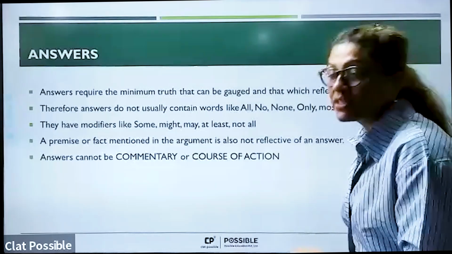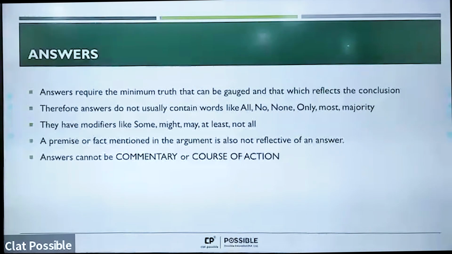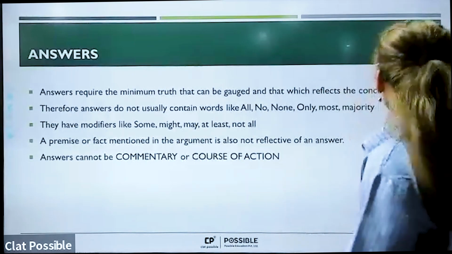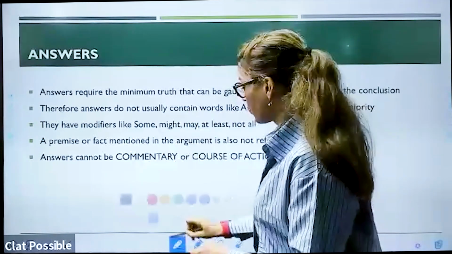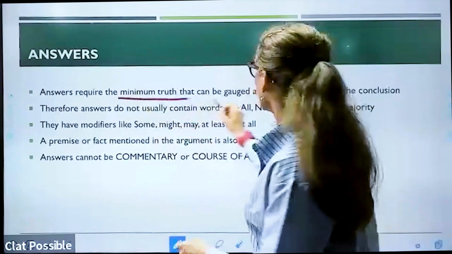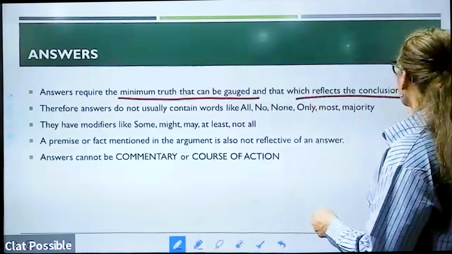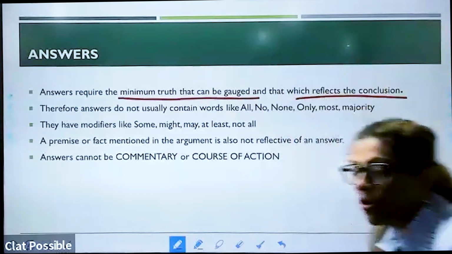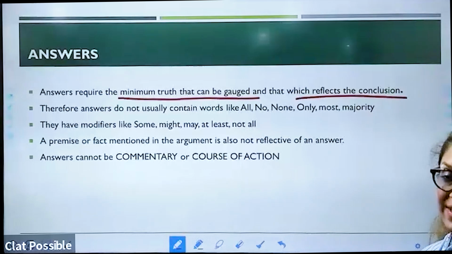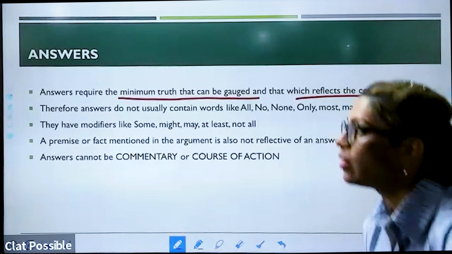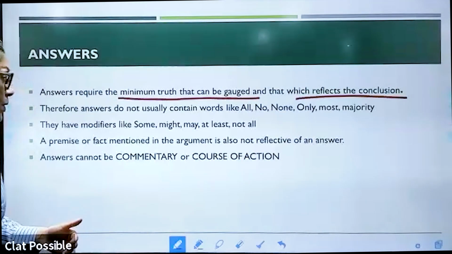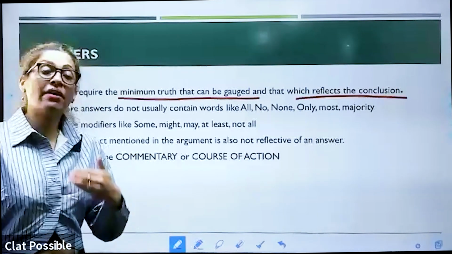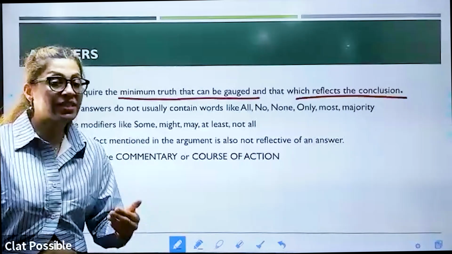Remember, your answers, the ones that you will not eliminate, they require the minimum truth that can be gauged and that which reflects the conclusion. So a direct conclusion question, yes, conclusion. But sometimes an inference and a must be true answer sort of reflects the author's conclusion or the main point, can be an inferred conclusion from the facts given.